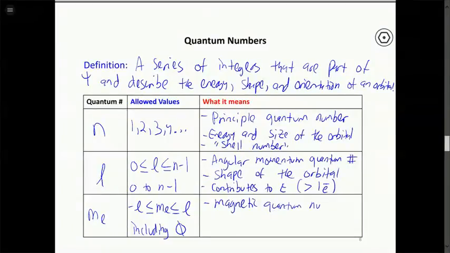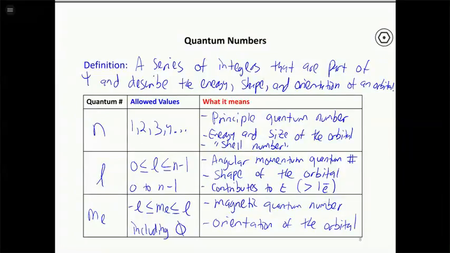So this m sub L is the magnetic quantum number. And what it tells us is the orientation of the orbital. For orbitals that are not spherical, it can be pointing in this direction or that direction, and that's what m sub L relates to.